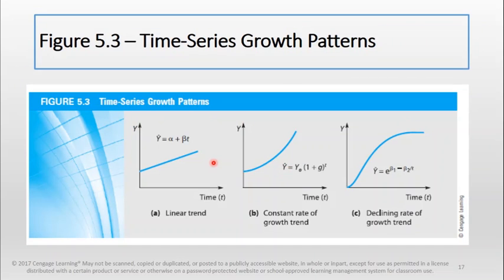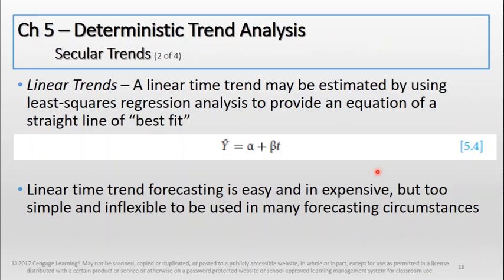So as you can see here, this is your linear trend. You have a constant rate of growth trend, which is denoted by this formula, and then your declining rate of growth trend, which is denoted by this formula. So that is your secular trends. So let's start first with your linear trend.